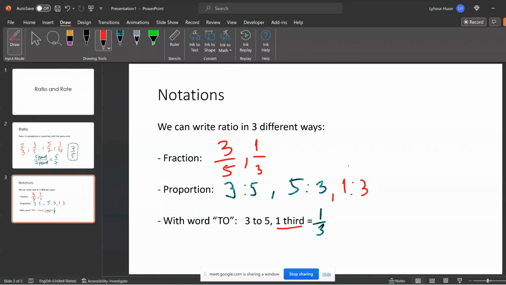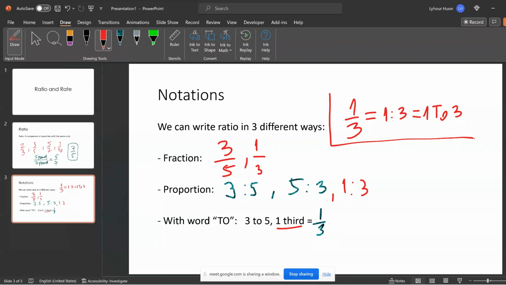So 1/3 equals 1:3, and all of these are equal, and all of these are called ratio.